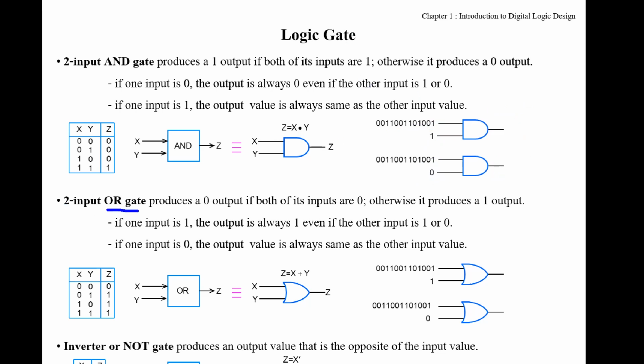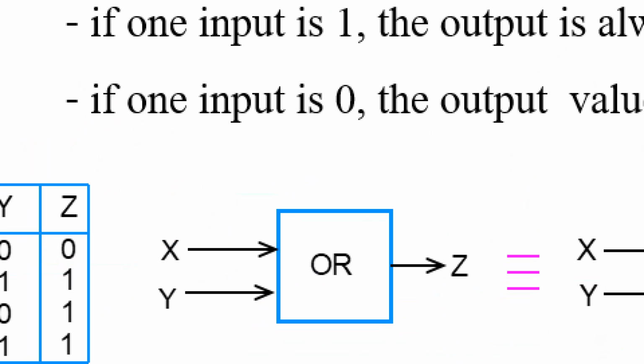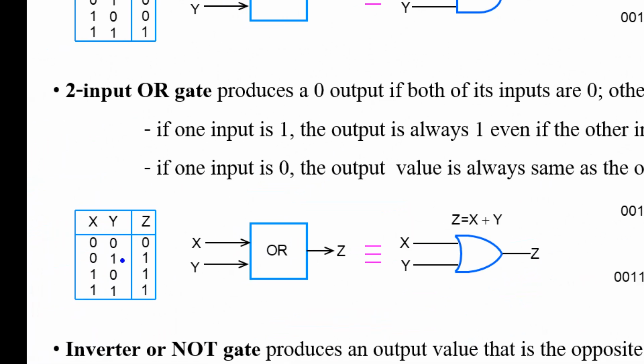The next logic gate is OR. For the OR gate, the output will be 1 if one of the input values is 1. The output will be 0 when both inputs are 0.